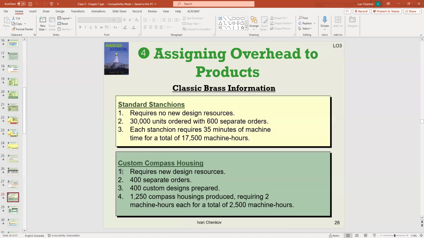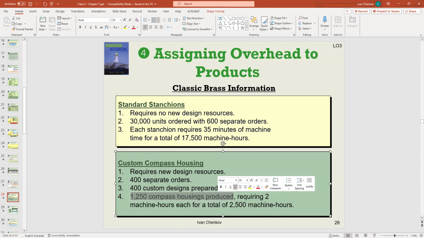Now, let's see what the other division is. The other division is customer compass housing. For the customer compass housing, we require new design. We have 400 separate orders, 400 customer designs, 1,200 compass housings produced, which require 2 hours, that gives us 2,500 hours.